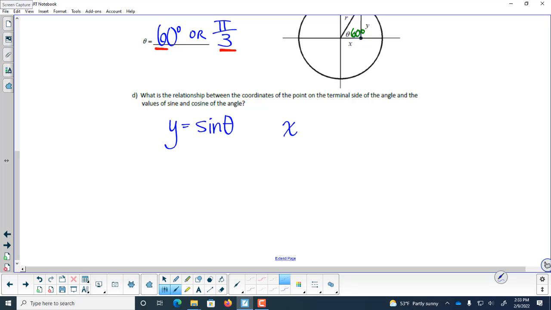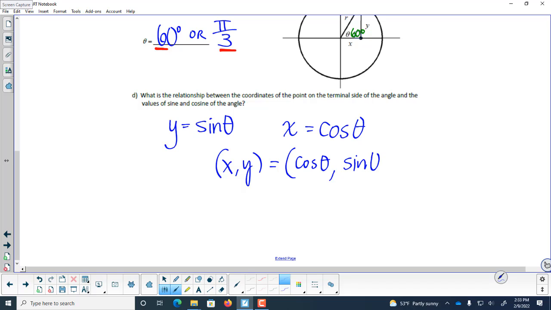You said the other one. x is equal to the cosine. And x is the cosine. So technically, every point on the unit circle, its ordered pair gives me the cosine of the angle and the sine of the angle. If you can generate the unit circle or remember it, you'll see patterns, and that's how you're going to remember it.